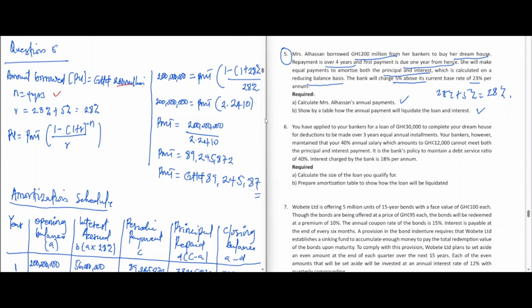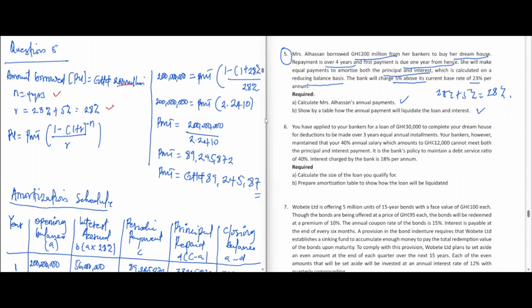The interest rate charged is 28%, which is the base interest of 23% plus the additional 5%. Because we are doing amortization, we have to use the present value annuity formula, right?